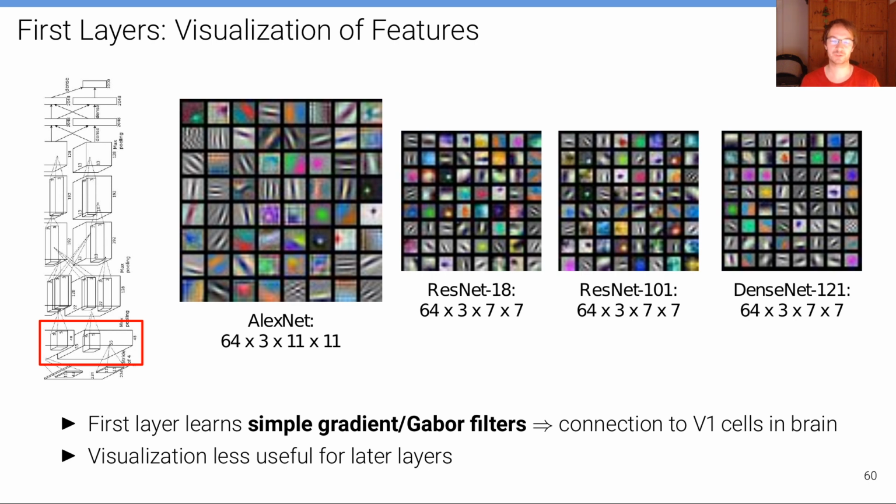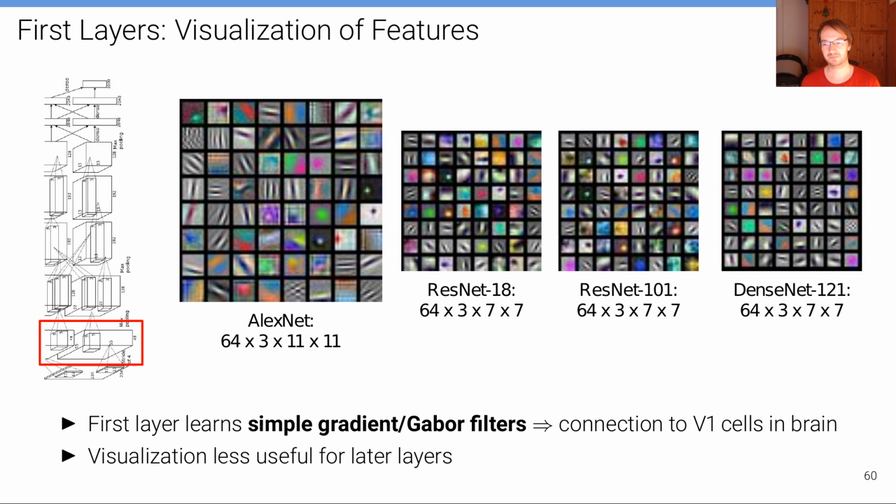And what is common amongst all of these visualizations is that the first layers apparently learn some simple gradient-like, Gabor filter-like features. You can see some very basic patterns that conduct edge detection, in color space sometimes, sometimes blob detection. So very basic primitive structures are detected with these filters.